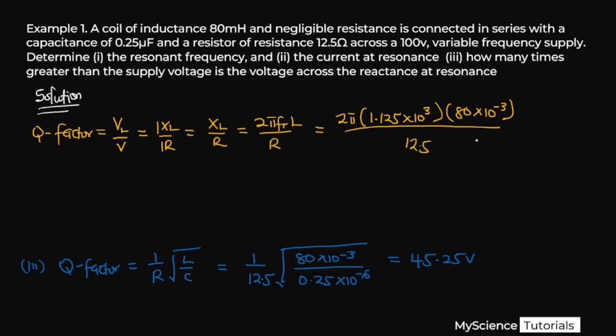12.5 ohms. Then if we compute 2 pi multiplied by the frequency multiplied by this, divided by 12.5, we are going to get our answer to be 45.24, which is actually also the same as the first answer we got.